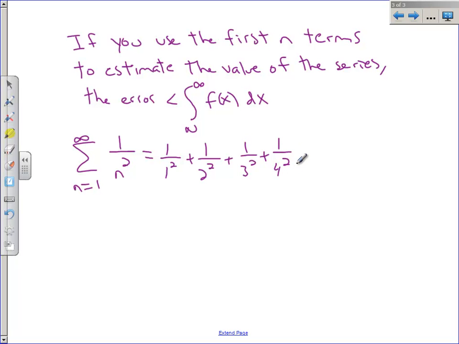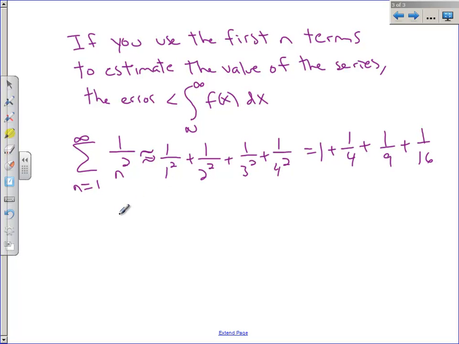So let's just say we stop there, and this is what we're using to approximate the series. So this would be 1 plus a 4th plus a 9th plus a 16th, whatever that works out to be. Obviously, we've left off a bunch of terms, and so this value would be less than the actual sum of the series.